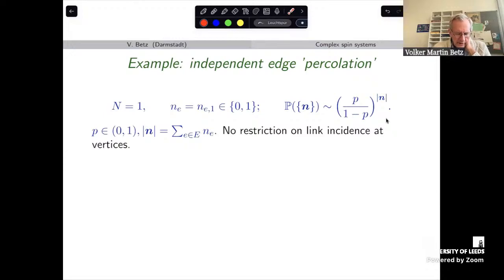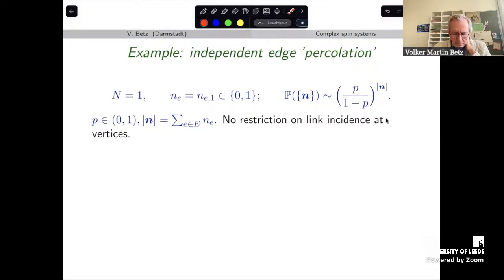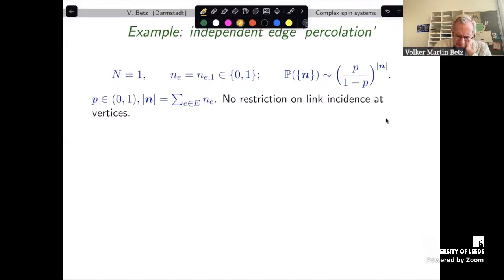So the picture for this is that you really have your graph here, and independently, you place with probability p a link, or with probability 1 minus p no link.